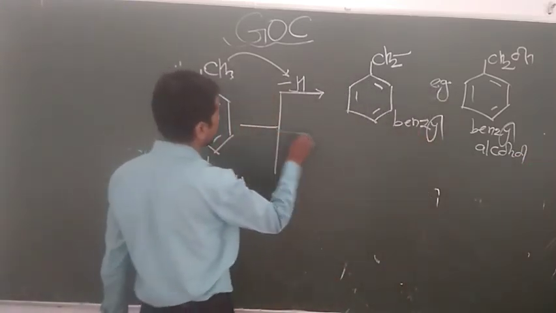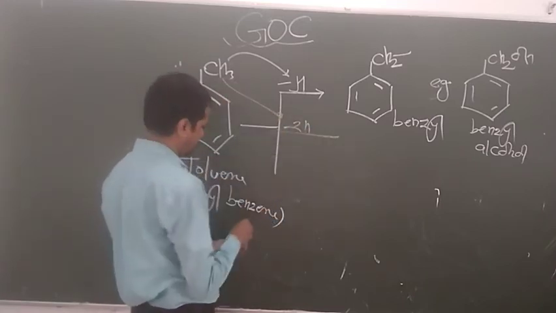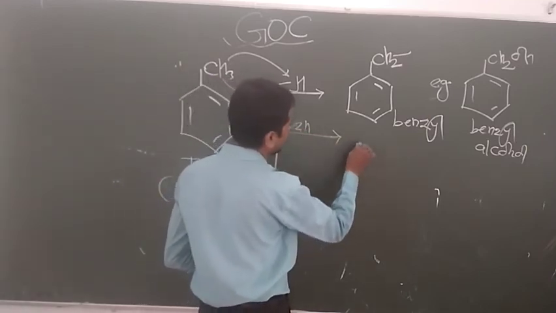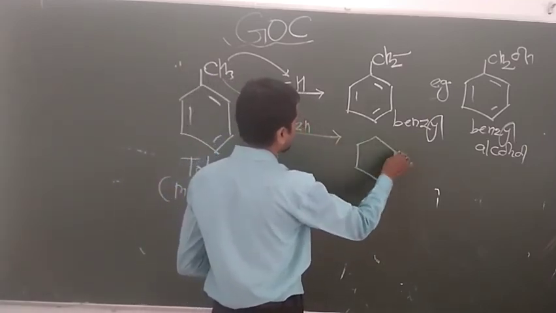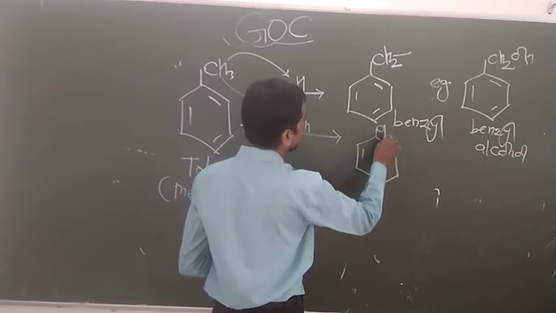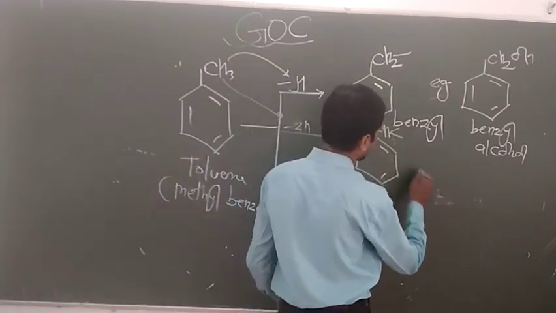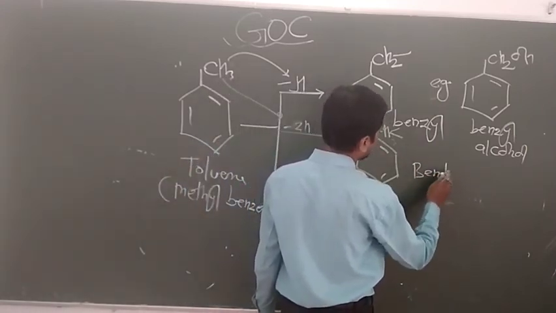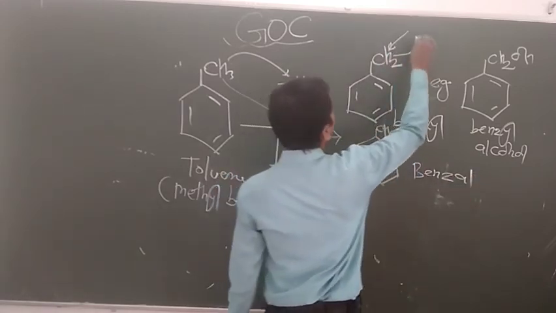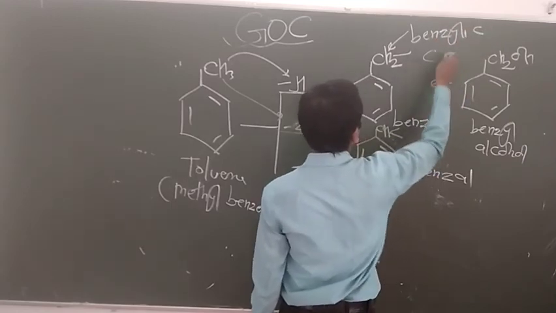Now remove 2 H from this carbon. This will generate one more group, where 2 bonds are free. Now this is known as benzylidene. Here this carbon is known as the benzylic carbon.